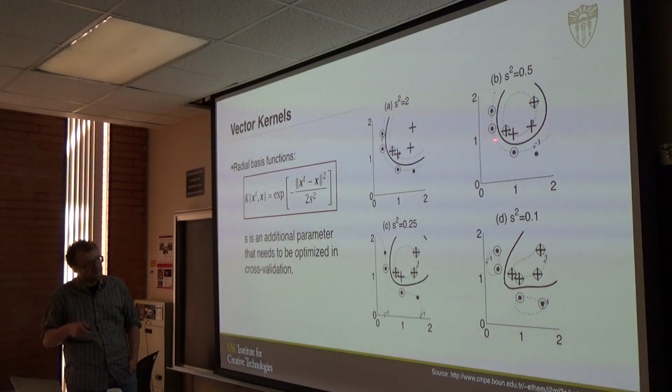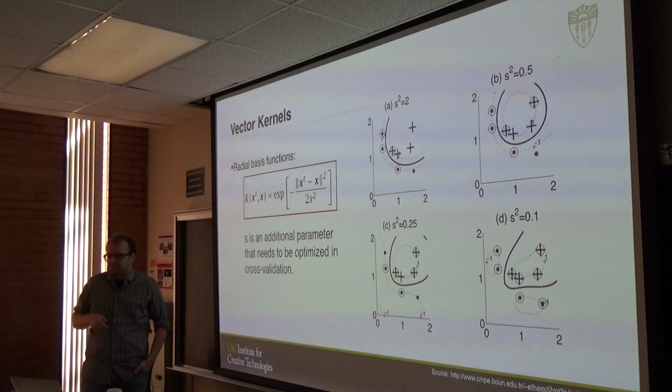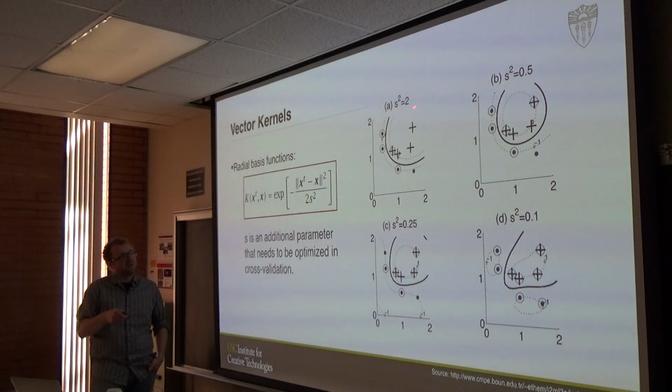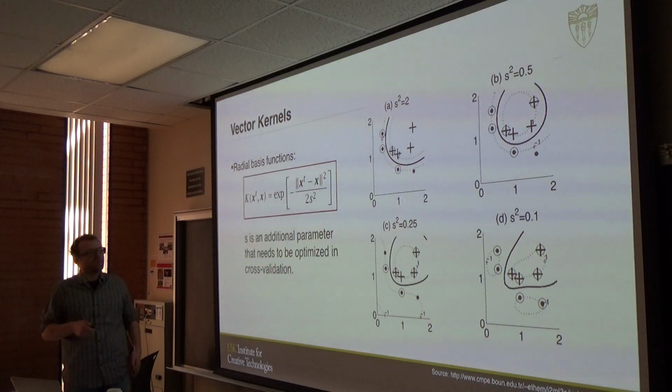And the smaller we make this S parameter, the more restrictive we are in the neighborhood of these parameters. You can see the more complex it becomes, the more support vectors we require. If this value is very large, we only need a few support vectors to define this problem, and if we go down and down, we need more and more support vectors to define this problem properly.